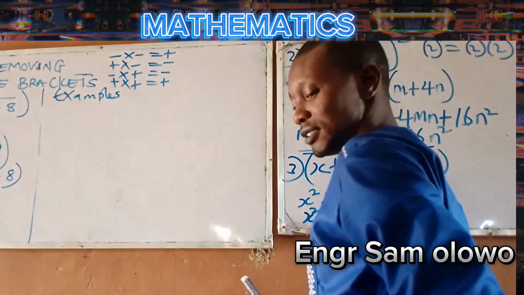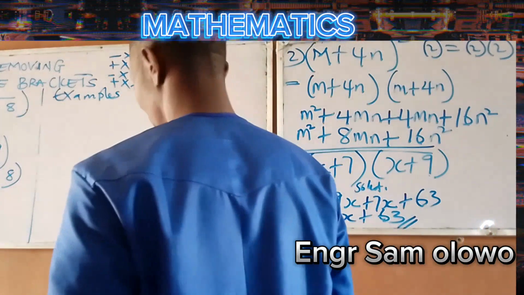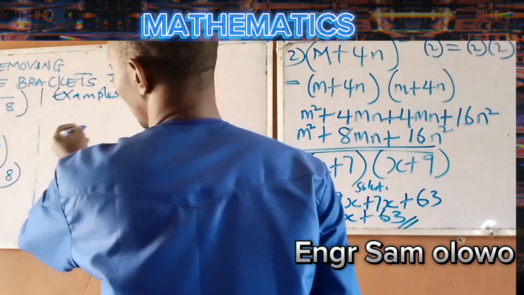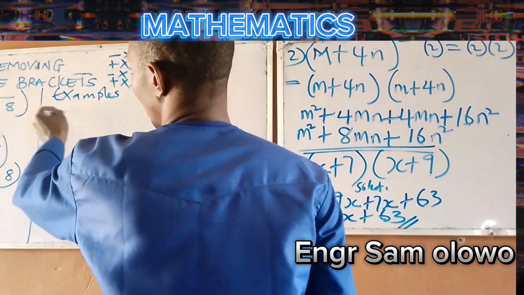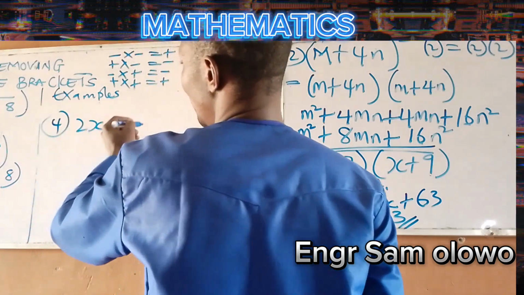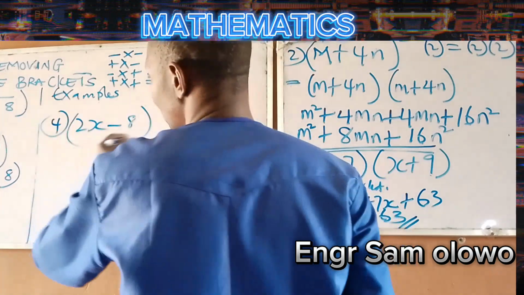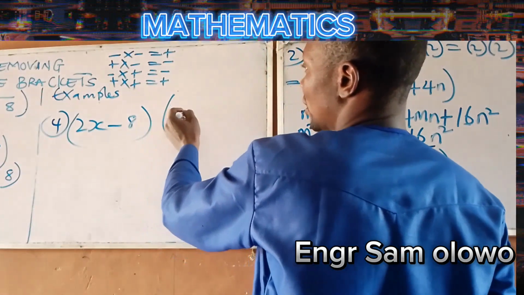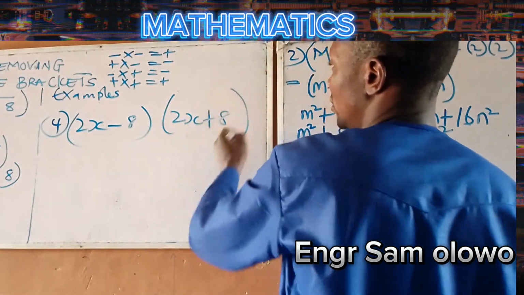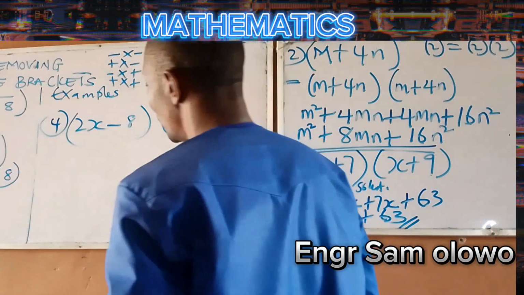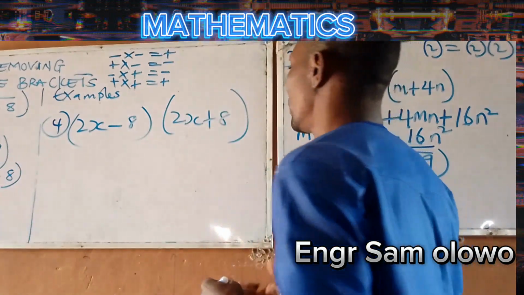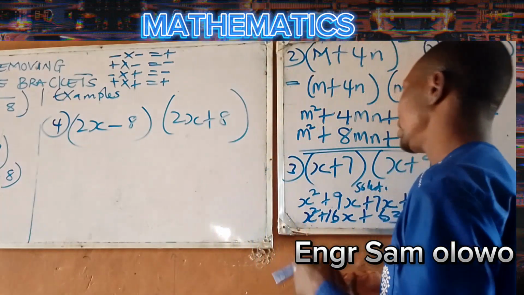Drop your answer in the comment section. What is going to be the answer for 2x minus 8 in bracket and open another bracket, 2x plus 8 in bracket? What do you think is going to be the answer? Leave your answer in the comment section.